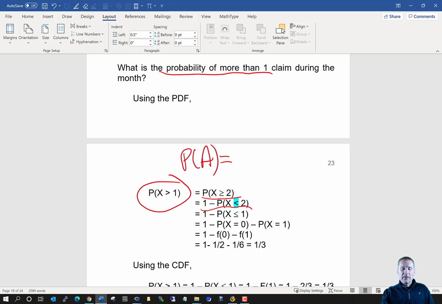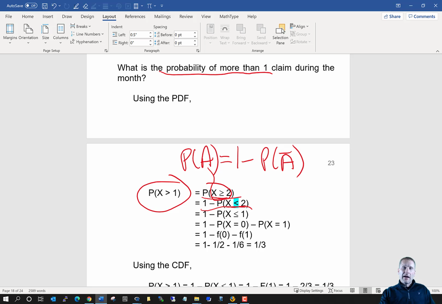Suppose A is x greater than or equal to 2. The probability of A is equal to 1 minus the probability of A complement, or A bar. That's essentially what I did here. What's the opposite of x being greater than or equal to 2? Well, x less than 2.